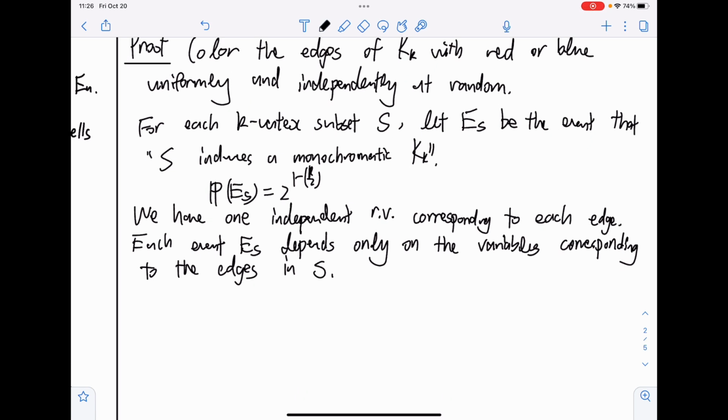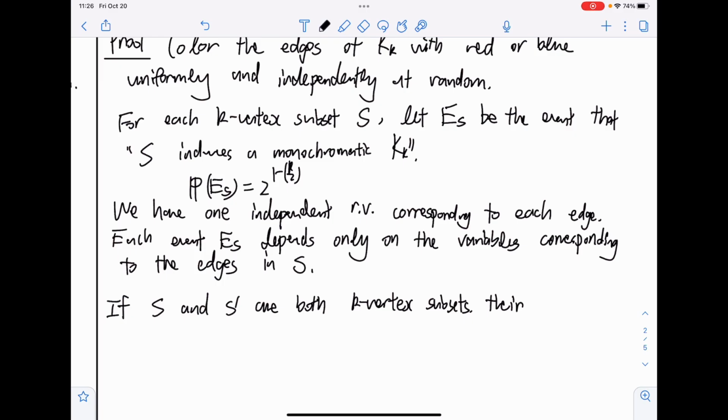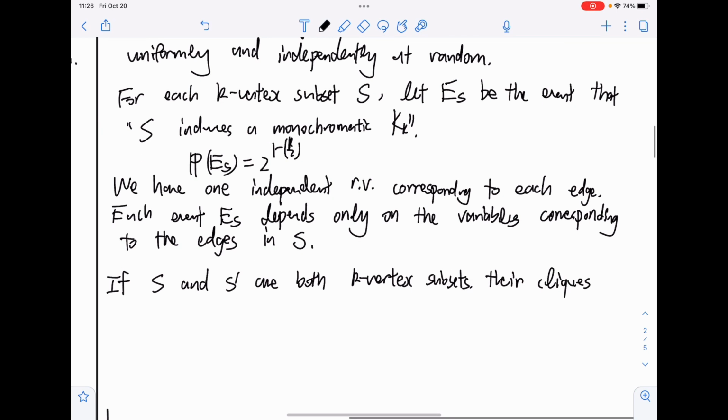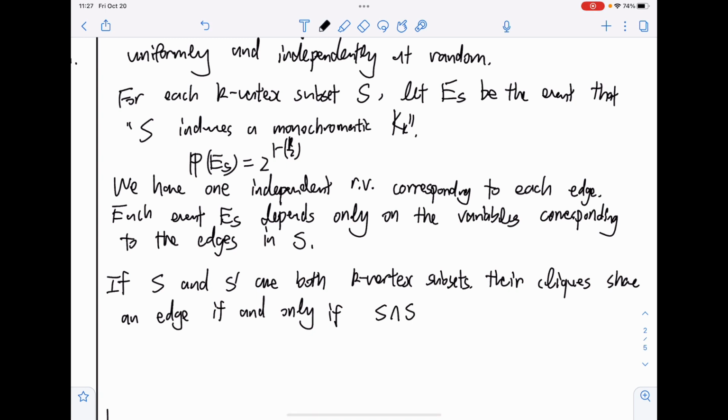And then we can do some analysis. We can see that if there are two sets S and S prime, and they are both k-vertex subsets, then the two cliques share an edge if and only if the intersection of S and S prime is greater than or equal to 2, since if they share an edge, then they must share at least 2 vertices.